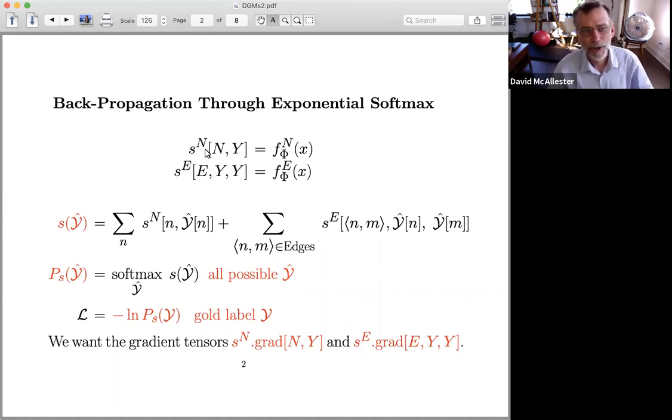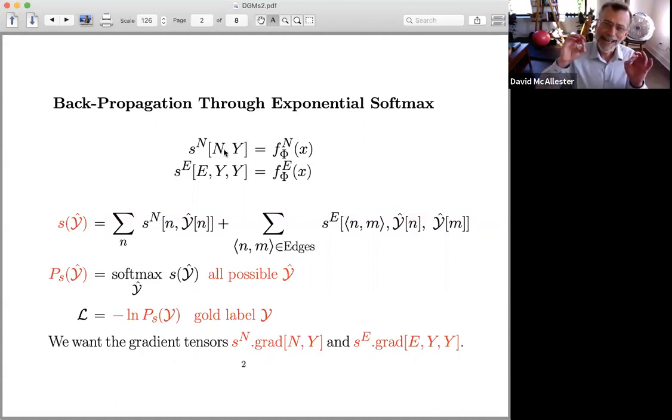These are sometimes called the unary potentials. And this is a tensor that, given a node and a possible label for that node, gives a score. We're assuming that tensor is computed by a deep network. So here X would be an image, and a deep network is going to compute a score for each possible label of each possible pixel in the case of images.